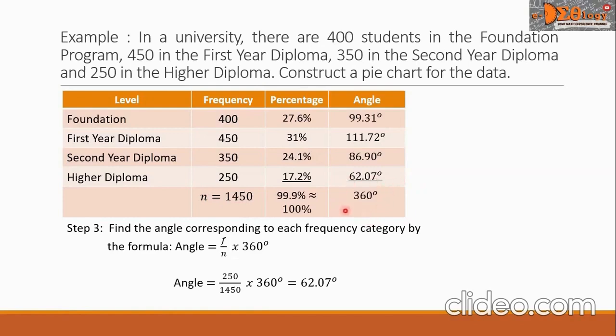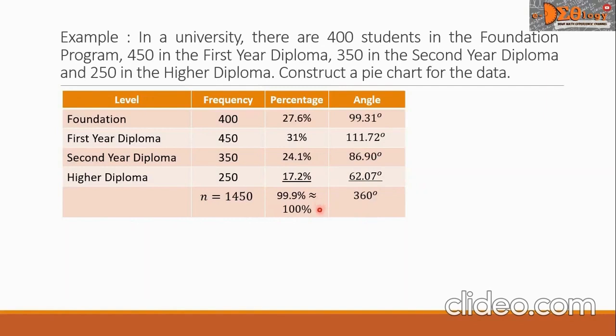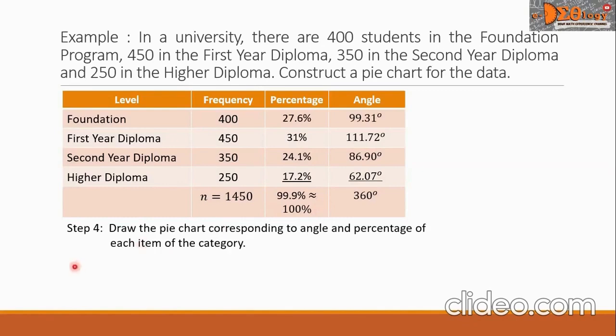This must be always equal to 360 degrees. On the same way that this column must have the summation that is equal to 100%. Now, let us go to step 4. Draw the pie chart corresponding to angle and percentage of each item of the category.